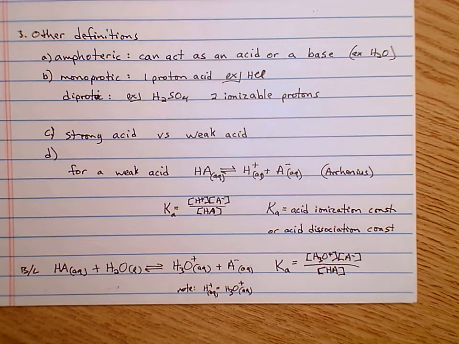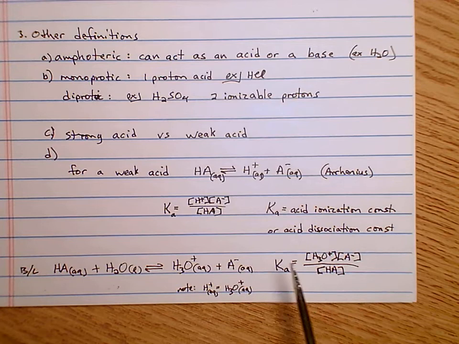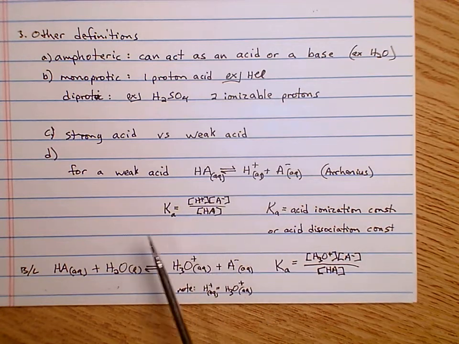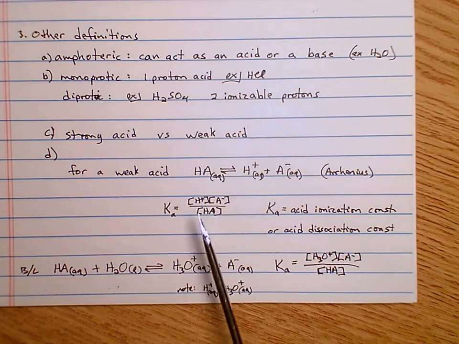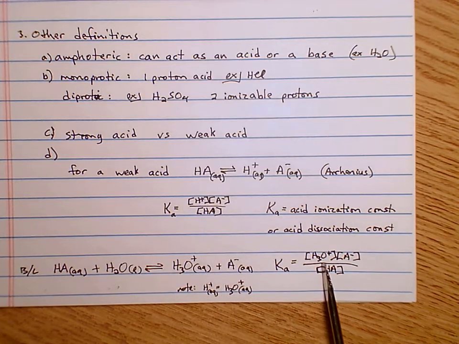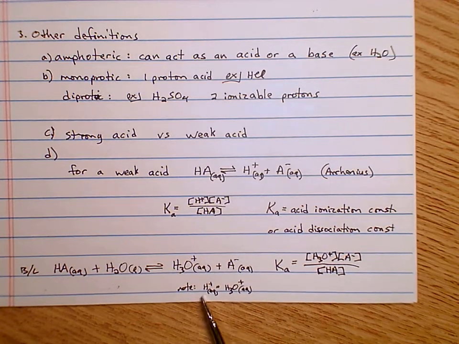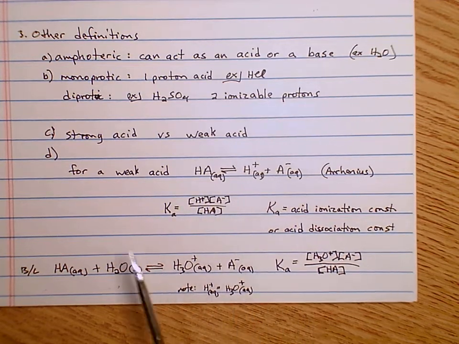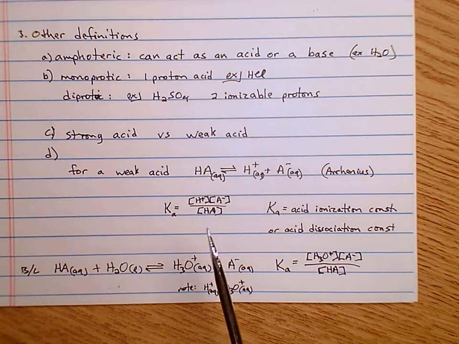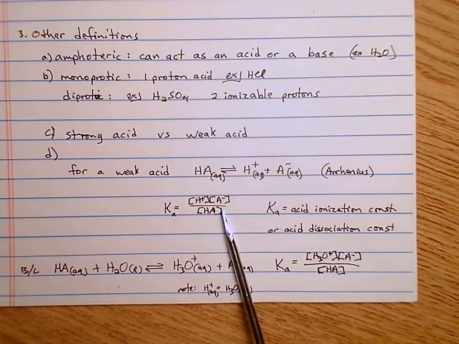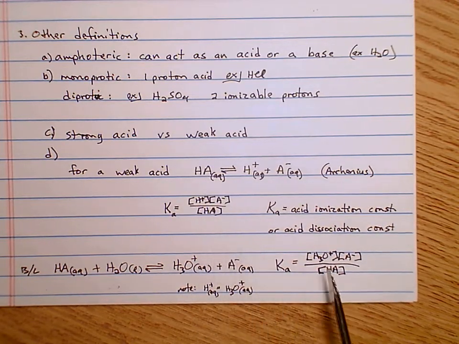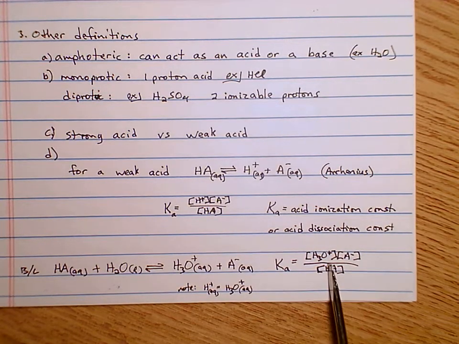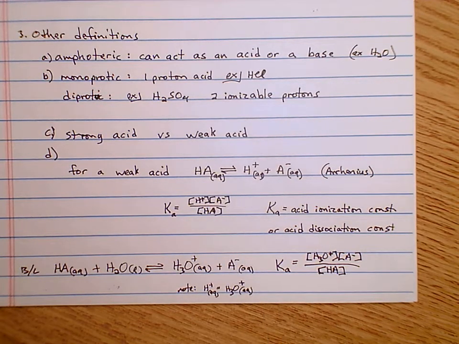You don't put liquids in the equilibrium constant expression. So the only difference between these two Kas for this weak acid HA is this says H+ and this is H3O+. But since we know H+ equals H3O+, that means these two are the same. It doesn't matter if you write it as Arrhenius would, or as Bronsted-Lowry would, you get the same Ka expression, because H3O+ is the same as H+.